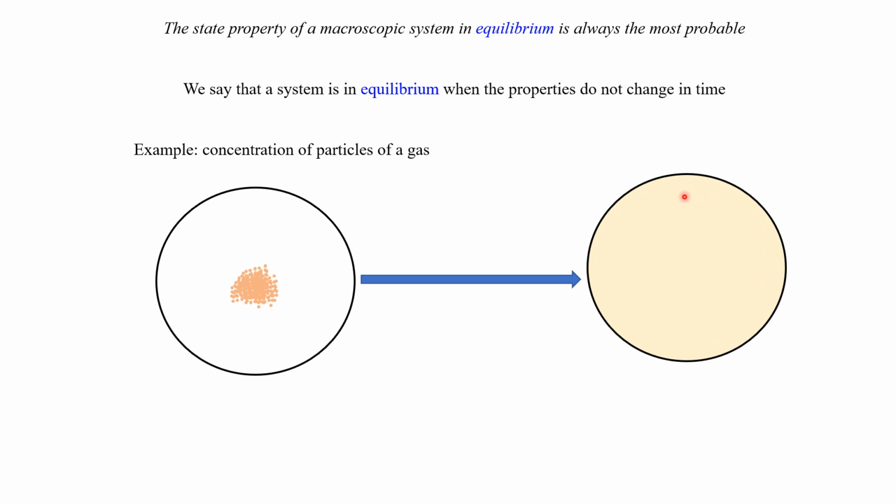Notice that the states are changing in time because the particles are moving. If the particles are moving, then every second the system is in a different state. But the property does not change.